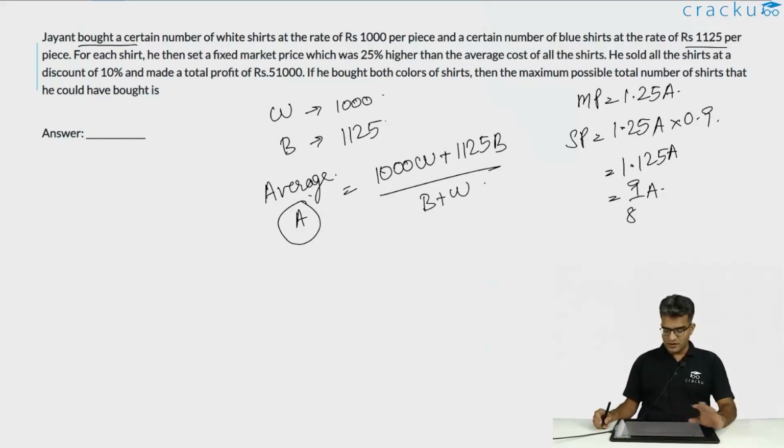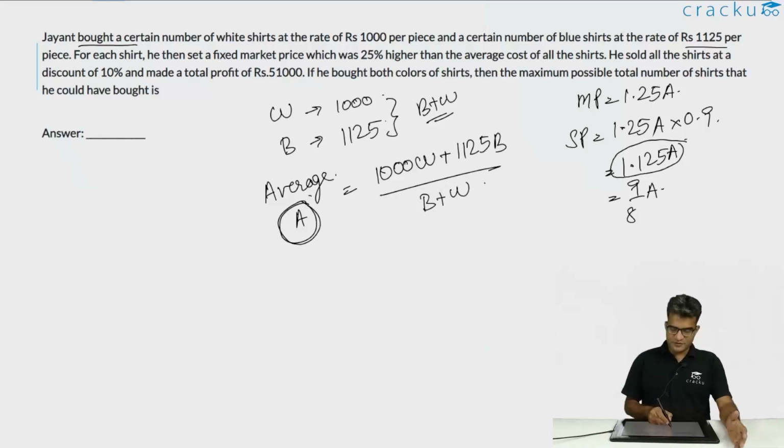Now he sold all the t-shirts. What is the total number of t-shirts? That will be B plus W. So what is the profit that he made? This is the average selling price. This is the average cost price. So by selling one t-shirt, the average profit he makes is 0.125A. This is the profit, which is basically equal to A by 8.